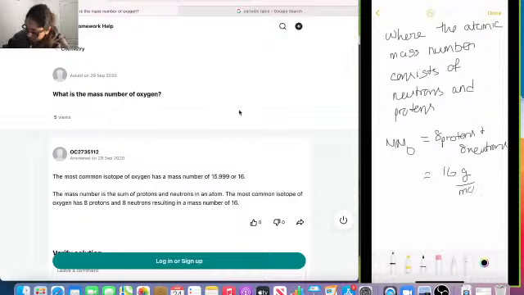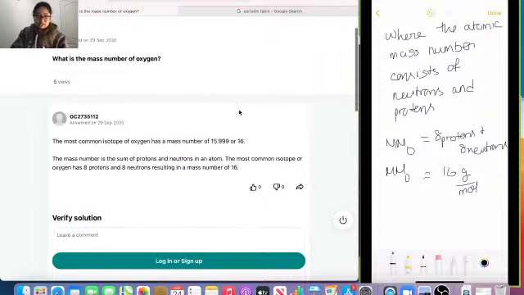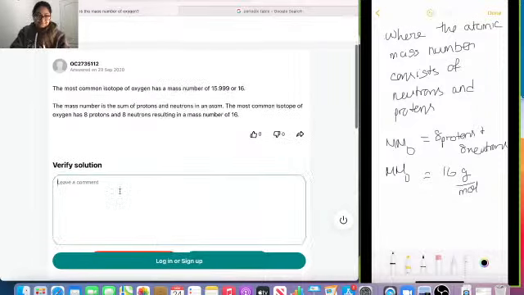The unit for molar mass is grams per mole. So the molar mass of oxygen is 16 grams per mole. Yes, this is correct.